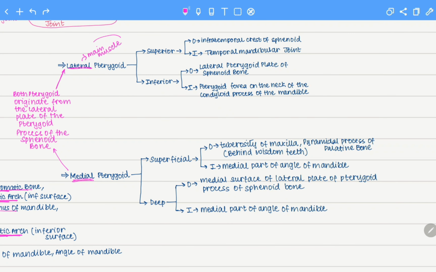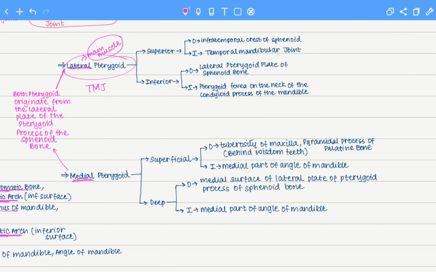Now, why do I call the lateral pterygoid as the main muscle? The lateral pterygoid is the main muscle because this muscle is going to insert on the temporomandibular joint and it's going to keep it intact. So whenever the jaw moves, it's this lateral pterygoid muscle that's going to insert onto temporomandibular joint and prevent dislocation of the jaw.